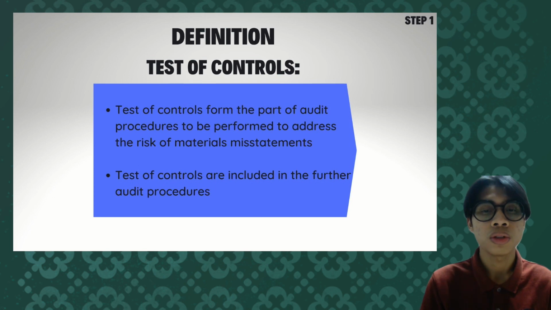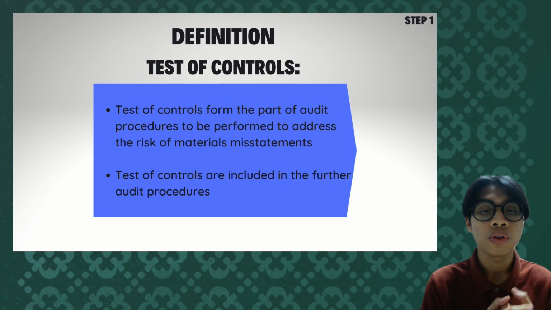Tests of controls form part of the audit procedures to be performed to address the risk of material misstatement, and are one of the important objectives as determined by the auditors while doing an audit of receivables and revenues.